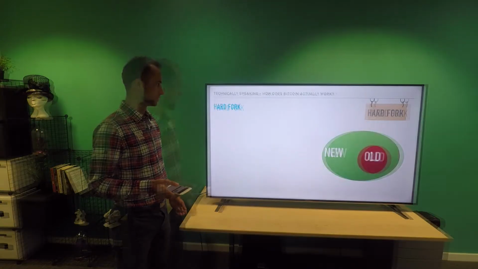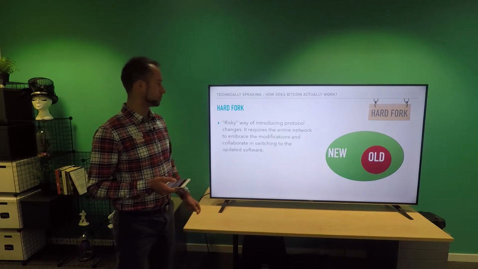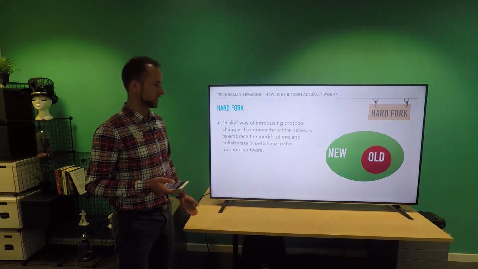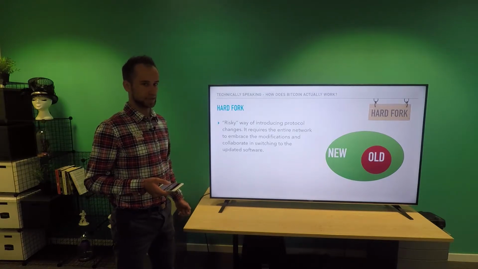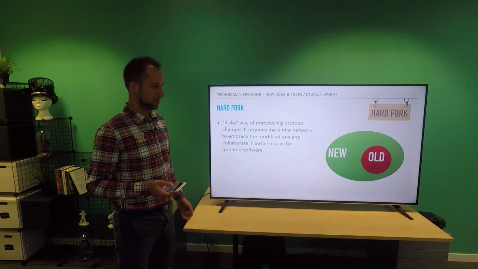A hard fork is a more risky protocol change. It requires the entire network to upgrade at the same time in order for the network not to split.